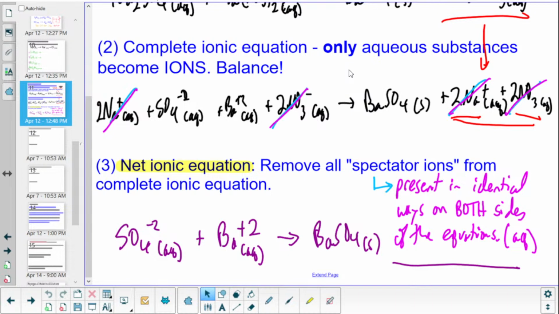All of the potassium compounds are soluble. Nitrate is soluble. So we have this here, correct?